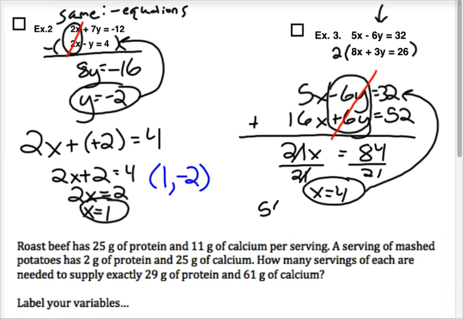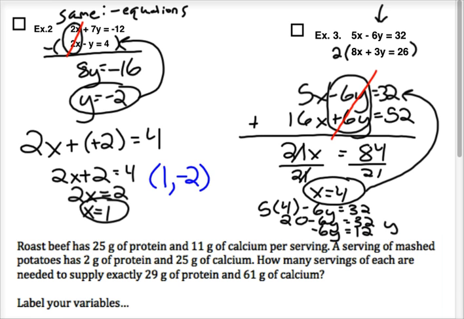So 5x, so 5 times 4, minus 6y equals 32, which means 20 minus 6y equals 32. I'm going to subtract 20 from both sides. So negative 6y equals 12. Then divide both sides by negative 6.